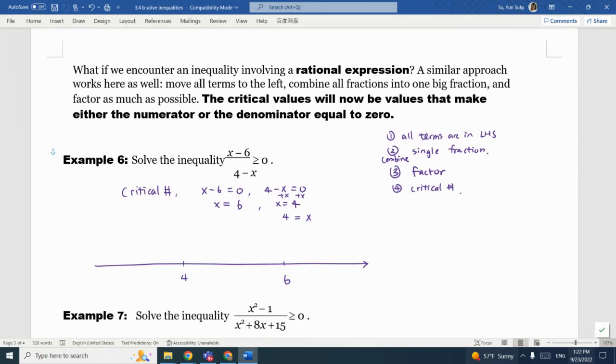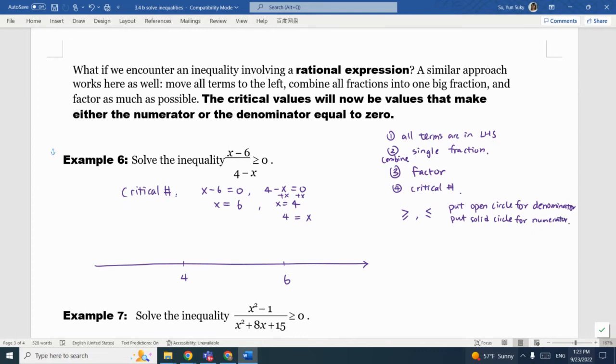If you see greater than or equal to or less than or equal to, then you put an open circle for the denominator factors, and you put a solid circle for the numerator factors.